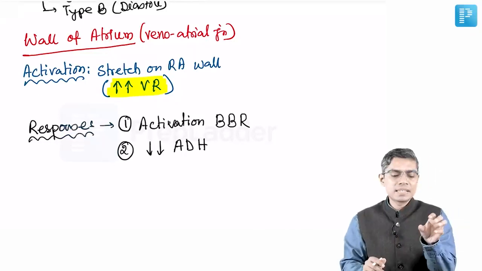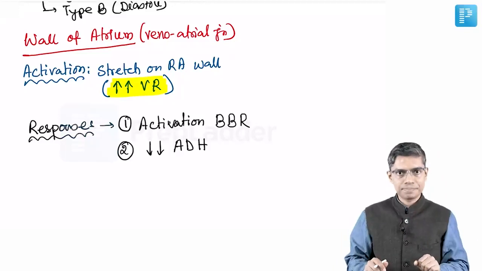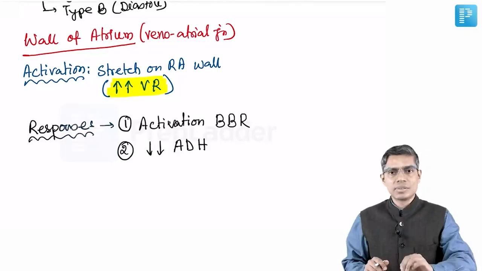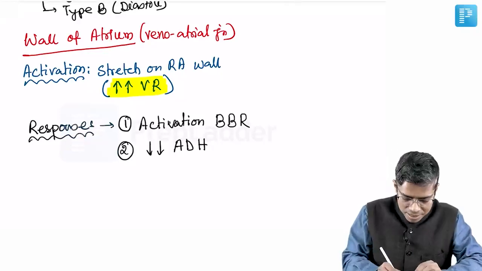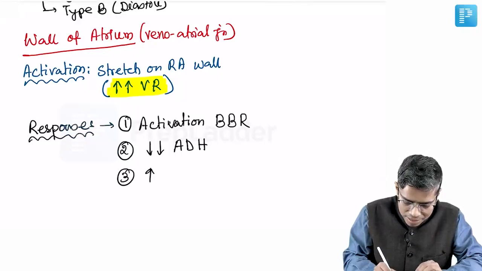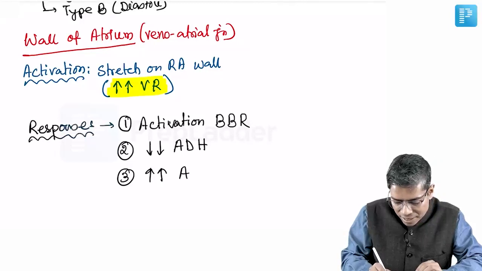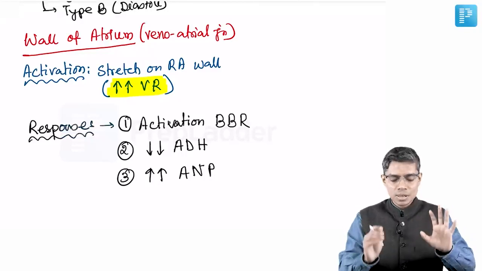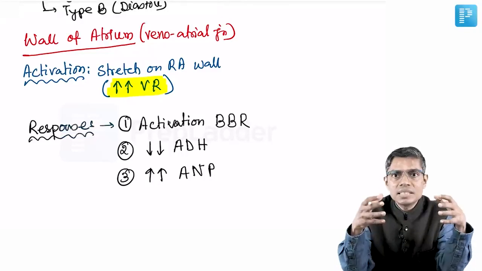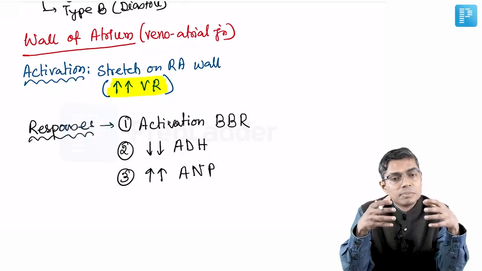So this right atrium has some connection with the hypothalamic nucleus, which synthesizes this ADH hormone. So ADH secretion will be decreased and there will be increased production of atrial natriuretic peptide from atrial myocytes.